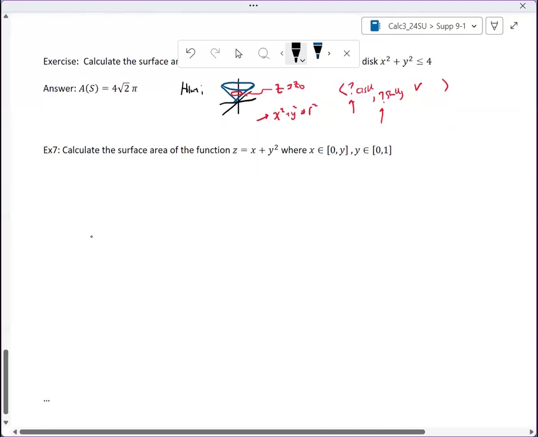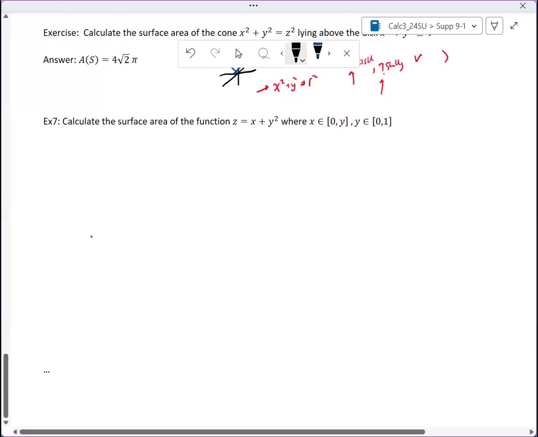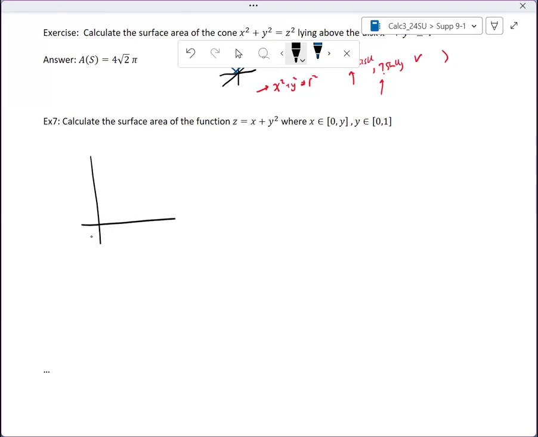Okay, so moving to the last example. Calculate the surface area of the function z equals x plus y squared, where x is going between 0 and y, and y between 0 and 1. So what do I have here? Well, my domain D in x and y: y goes between 0 and 1, and x goes between x equals 0 and x equals y.